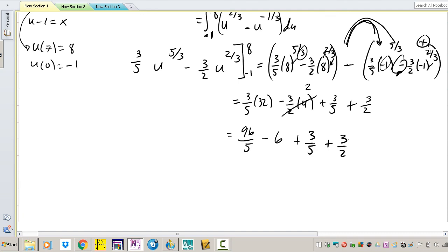Let's go ahead and add these two. 99 over 5 minus, let's do plus 3 over 2 minus 6. Okay, so let's find a common denominator here. In fact, you know what? I should have probably just left it like this.